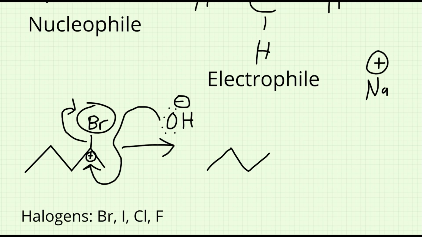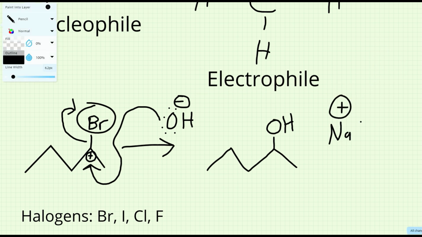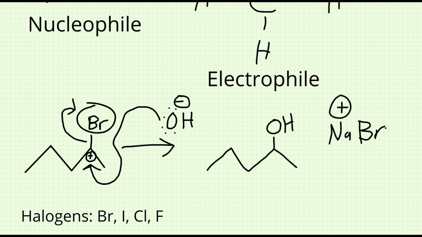So the product would look like this. OH is now replacing bromine, and if you did have to draw the Na, you could assume it would be NaBr, but that really is not going to come up very often, so I would not worry about that right now.